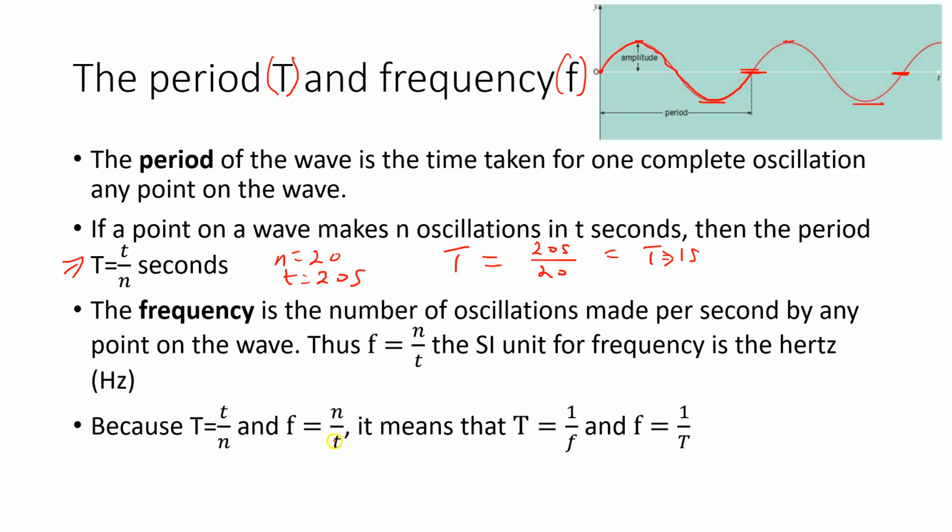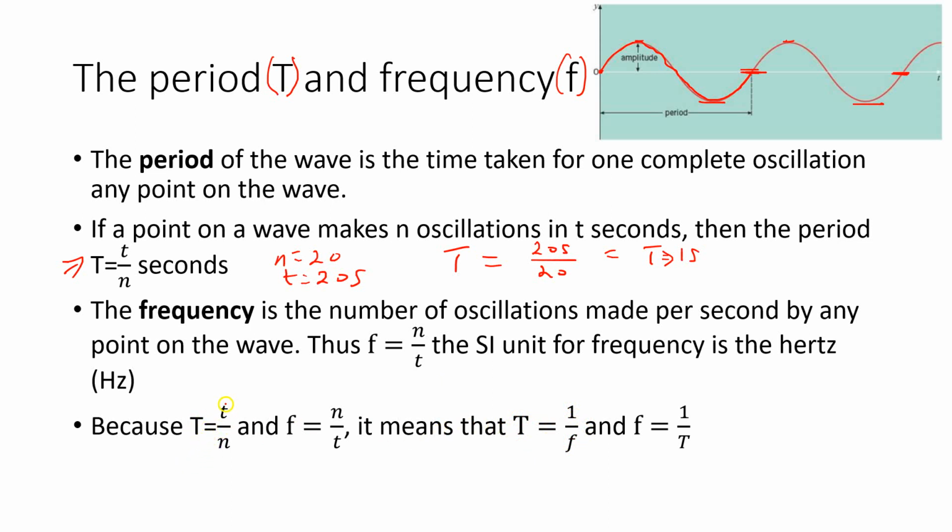Now, we could transpose one of these to make something the subject. And then what you would see is that we could come up with a new lovely equation that shows us that our period is the inverse of frequency. So let's see what's happening here.